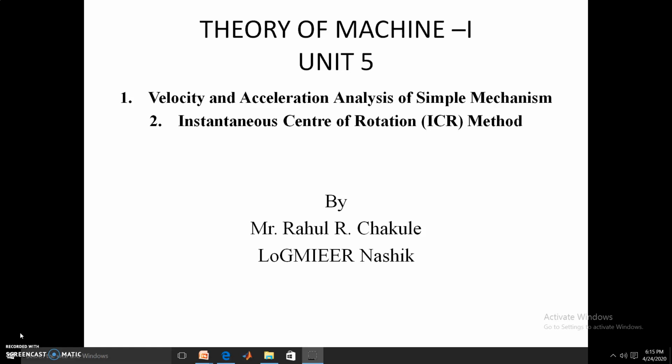Then the permanent IC is also located by observation, and for the neither fixed nor permanent IC, you have to take the help of Kennedy's theorem to locate it. So these are the three types of IC.